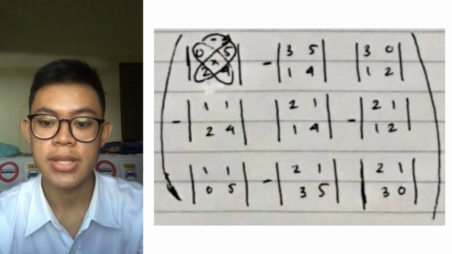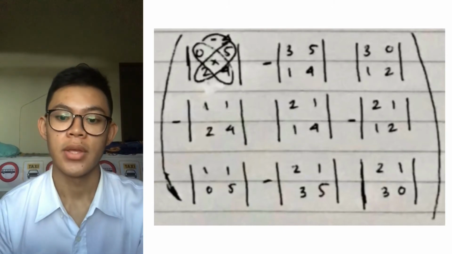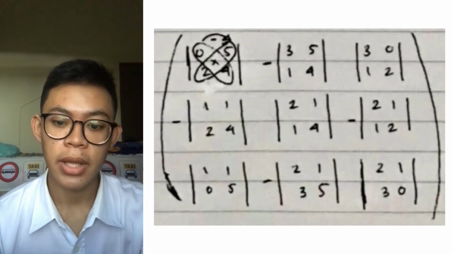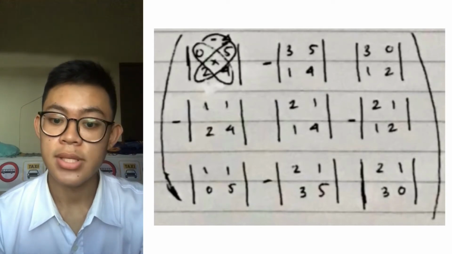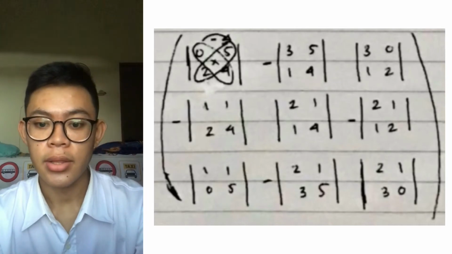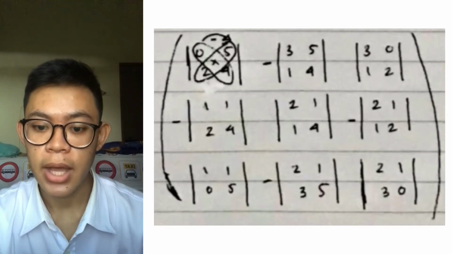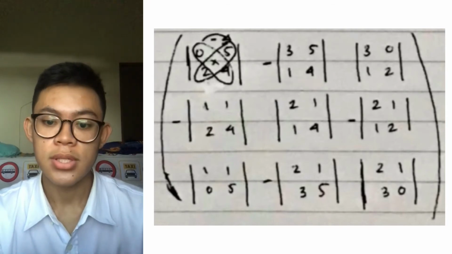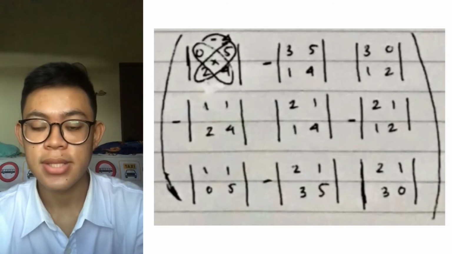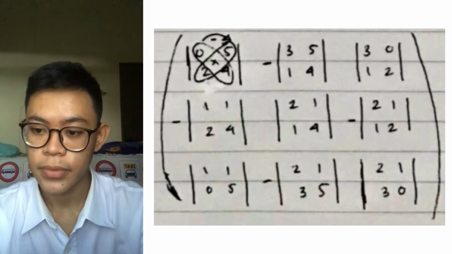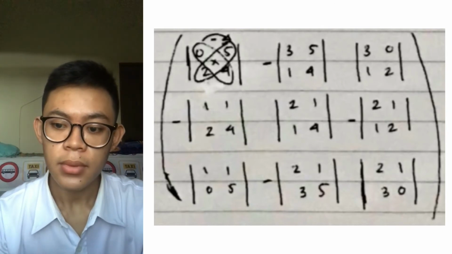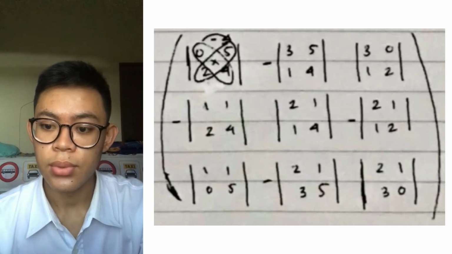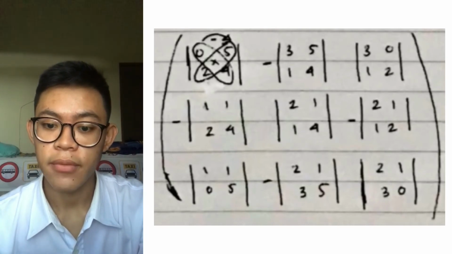So for example, like 0524. The first multiplication is 0 multiplied by 4, so the result is 0. And then the second one is 5 multiplied by 2, which is 10. And then 0 minus 10 is negative 10. So the answer is negative 10.